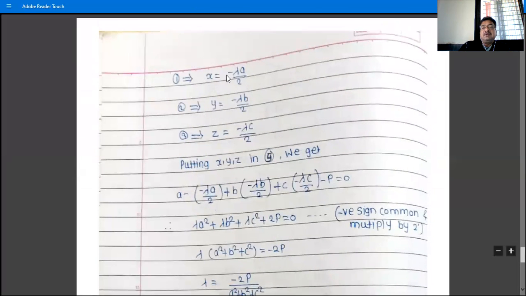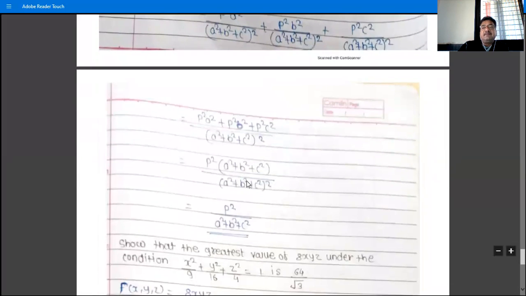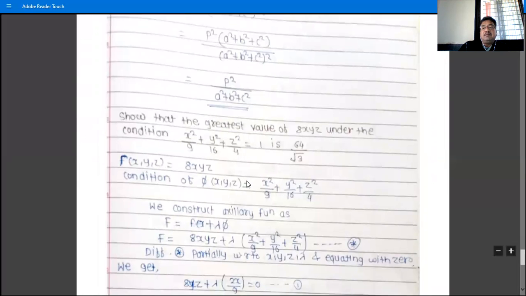By substituting lambda, we have the values of x, y, z. This is one procedure already discussed in the previous lecture.